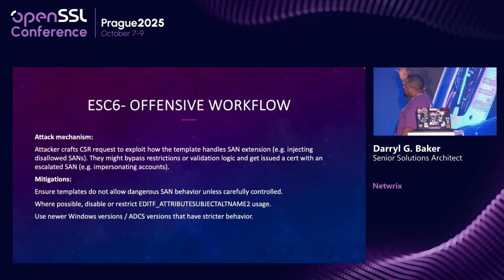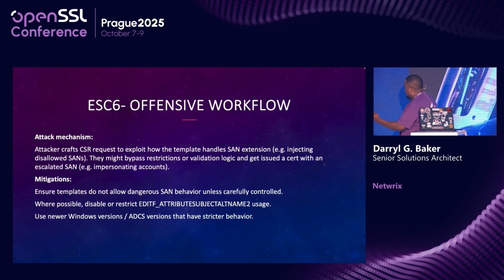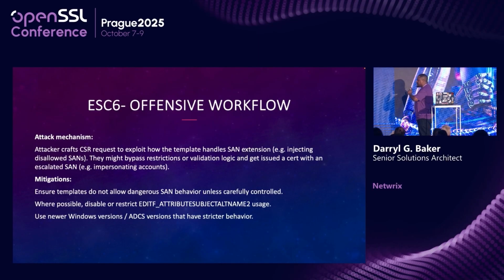So an attacker goes ahead, crafts that CSR, goes ahead and injects the disallowed SAN, just like we saw in ESC3. You can go ahead and issue out another cert if you'd like to. You can sign into things if you want to. This is a very, very bad scenario.